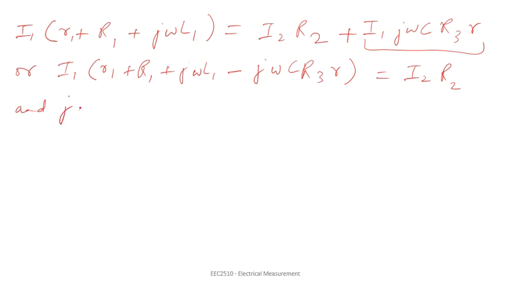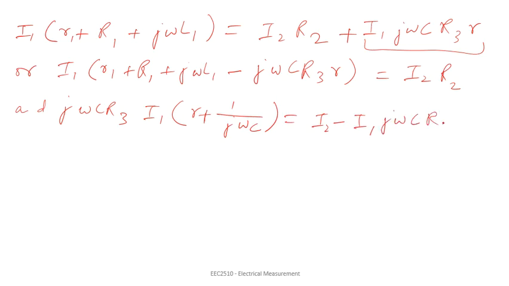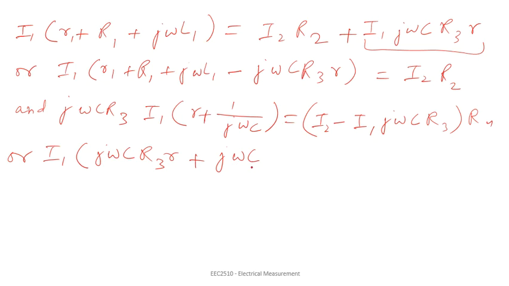Then it will be j omega C R3 I1 (r plus 1 upon j omega C) is equal to (I2 minus I1 j omega C R3) R4, or I1 times (j omega C R3 r plus j omega C R3 R4 plus R3) equals I2 R4.